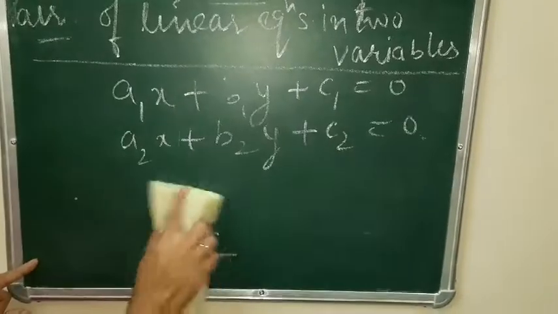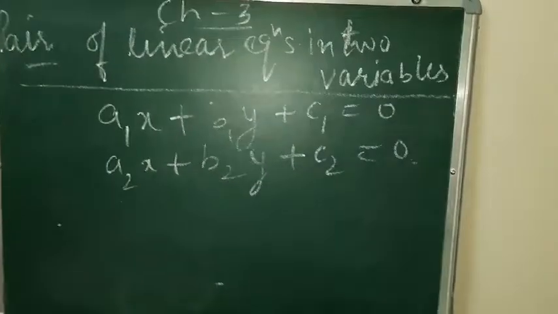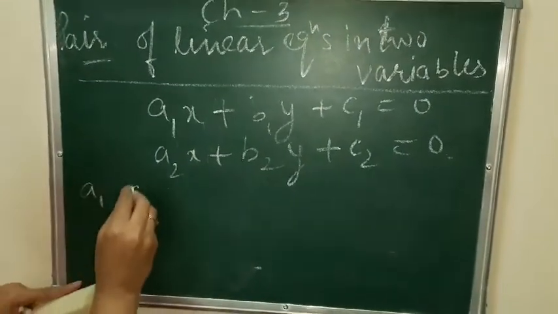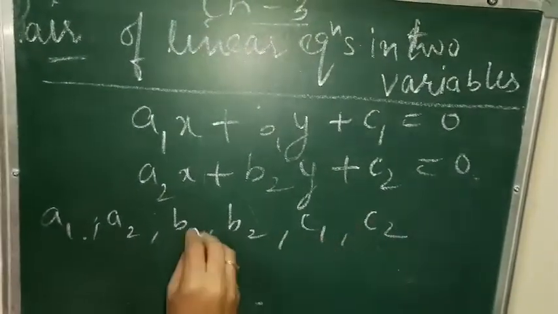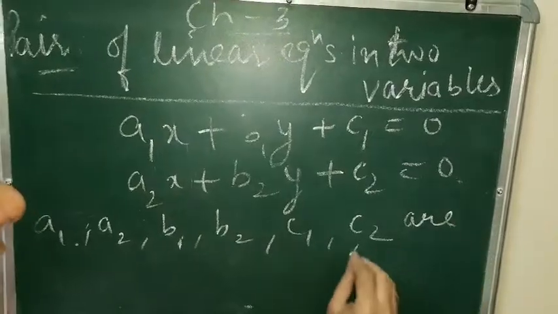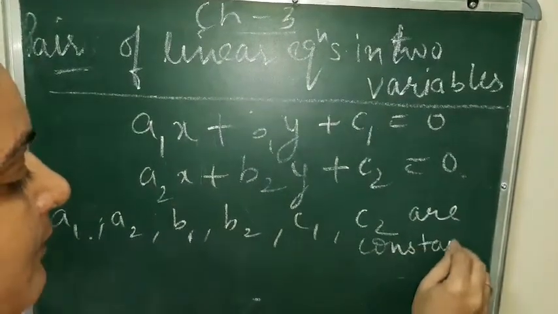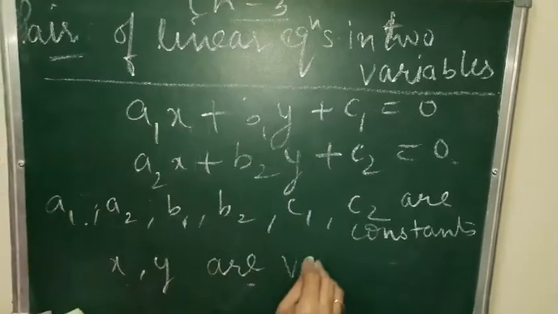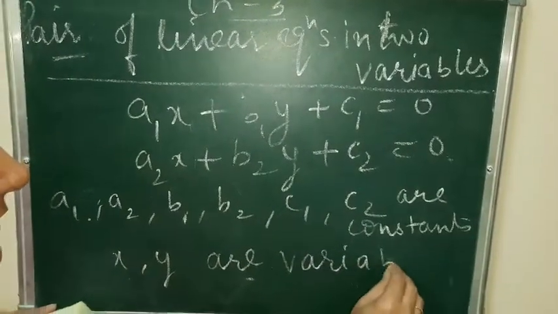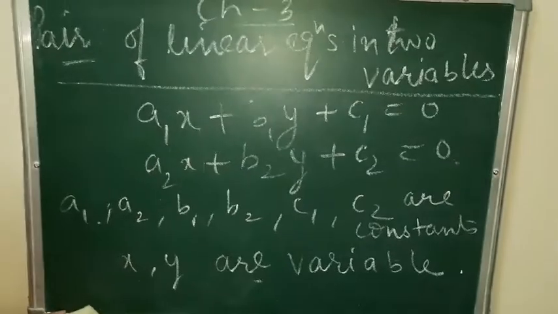Here a1, a2, b1, b2, c1, c2 are all constants and x, y are variables. We have to find the values of x and y by any method.